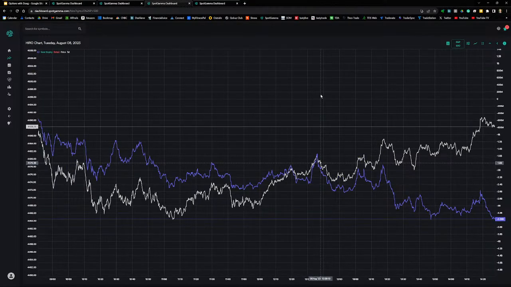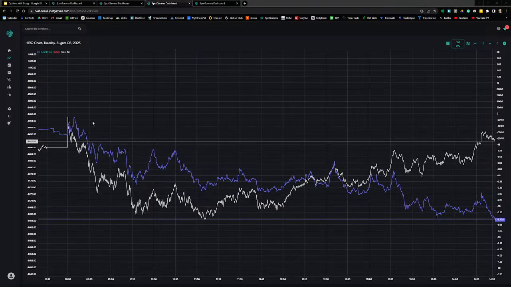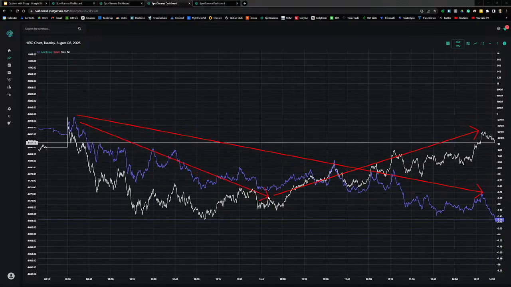So right now for the S&P 500, options traders are taking negative delta positions, and price continues to increase. There was a strong correlation this morning. That's pretty typical, and that relationship is really no longer holding this afternoon.